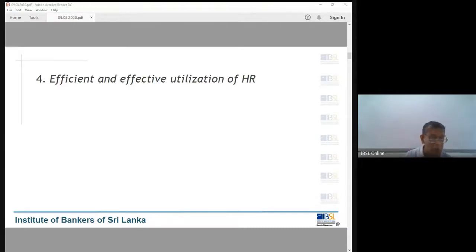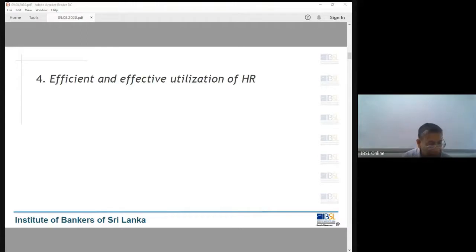So that is what you call efficient use in HR. Try to eradicate the wastage of human resource. So how can you eradicate it? Don't take unwanted people to the job. Select the right employees. You can write that under efficient.